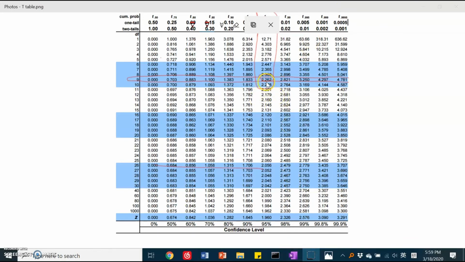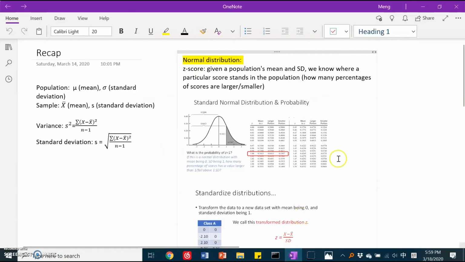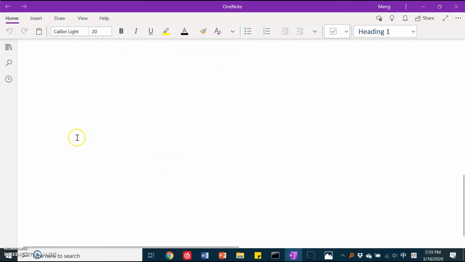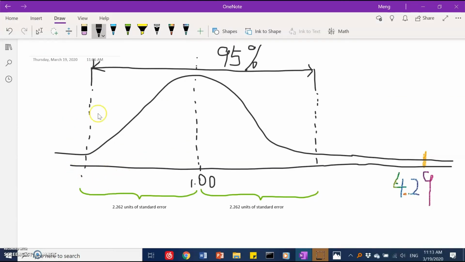So what does this critical t-value mean, and how do we compare it with the obtained t-value? Let me draw this distribution for you. Here I'm drawing a sampling distribution of the mean, and this sampling distribution has a mean of 1, which equals the population's mean.